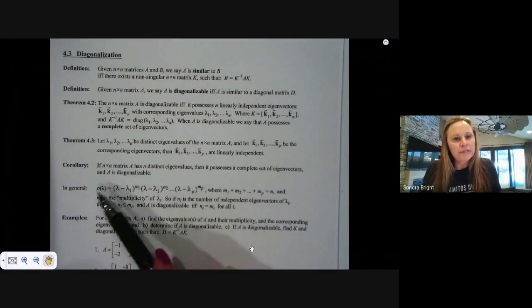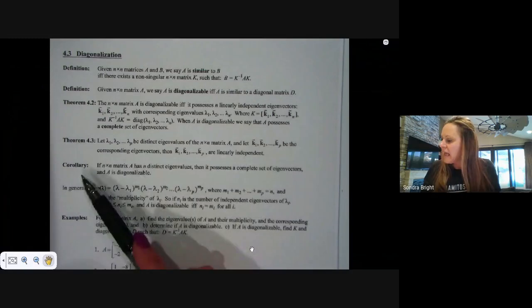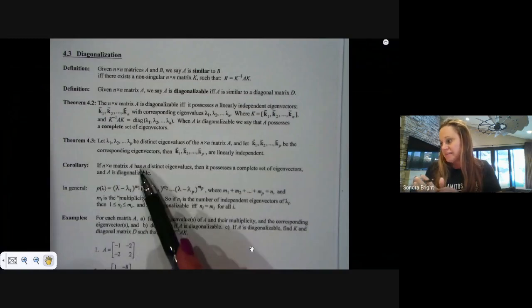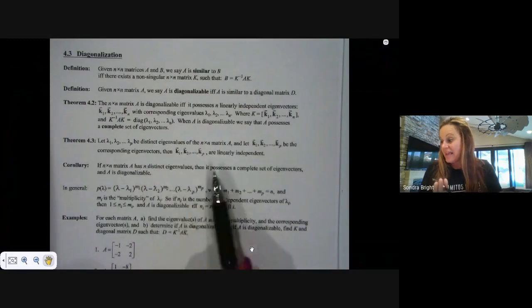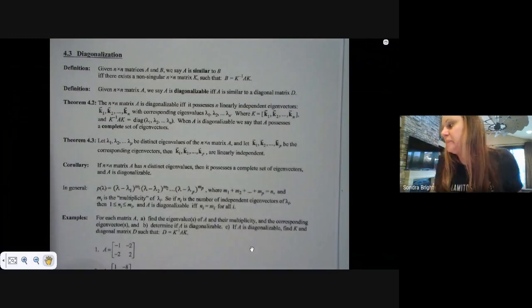We also have a corollary that says that if an n by n matrix A has n distinct eigenvalues, then it possesses a complete set of eigenvectors, and A is diagonalizable.